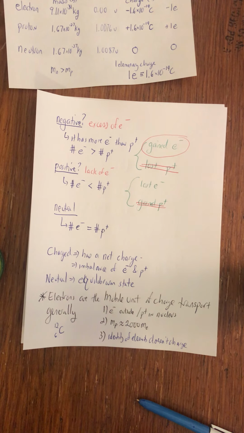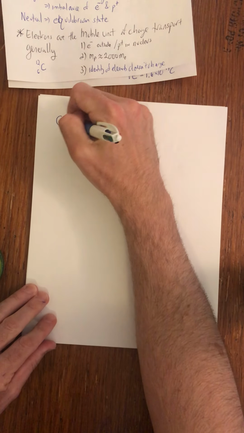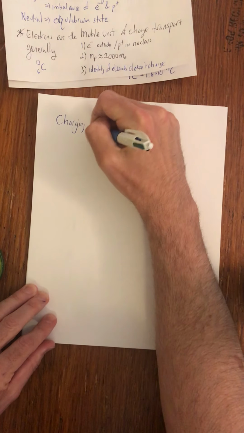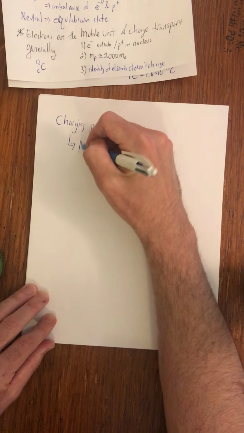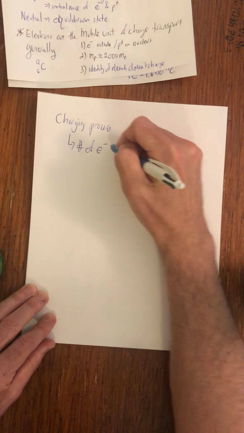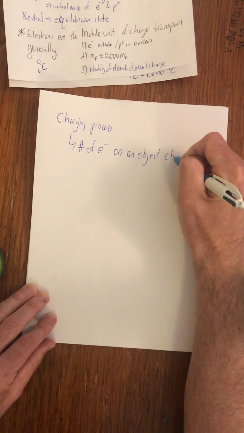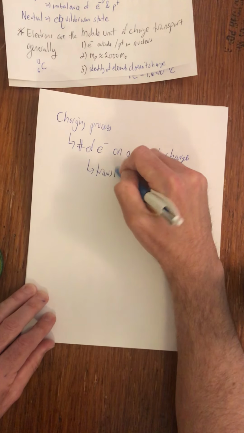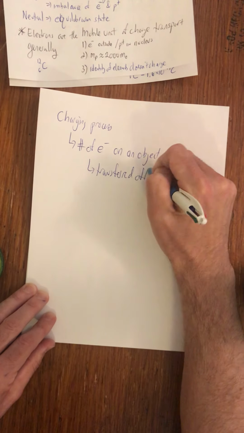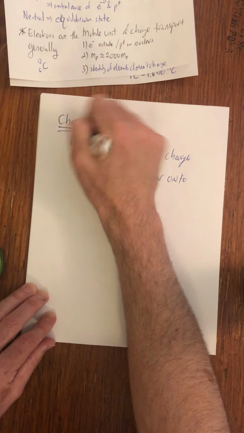A charging process is going to be anything where the number of electrons on an object changes. Either electrons are transferred off or onto that object. That's what it's going to mean for something to become charged.